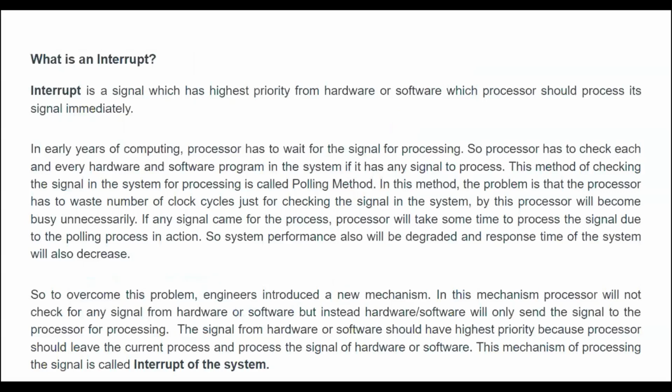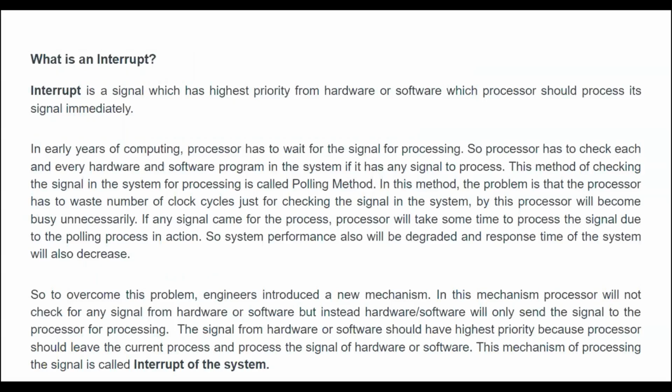An interrupt is a computer signal which has the highest priority, from hardware or software, which the processor should process immediately. In the early years of computing, the processor had to wait for the signal for processing.